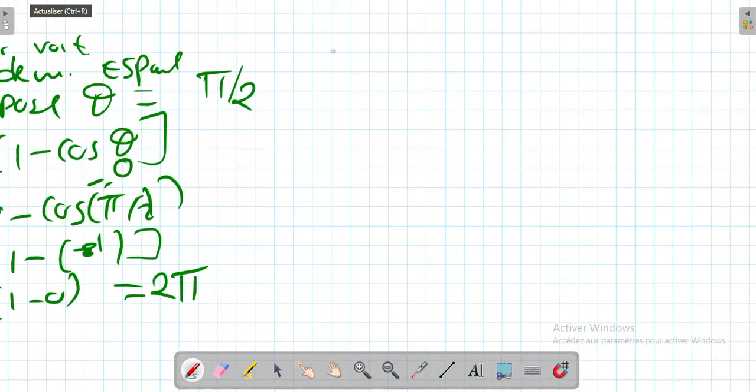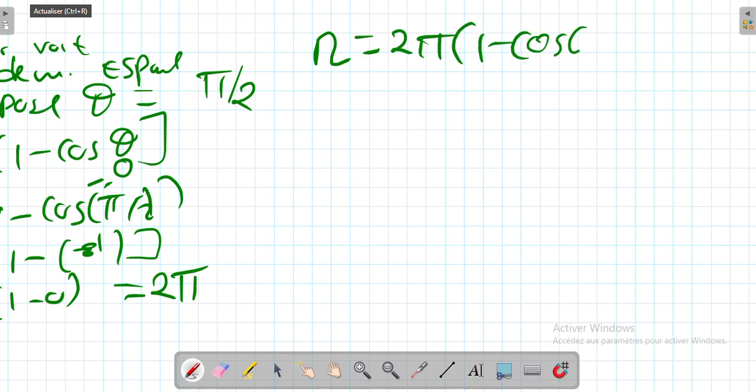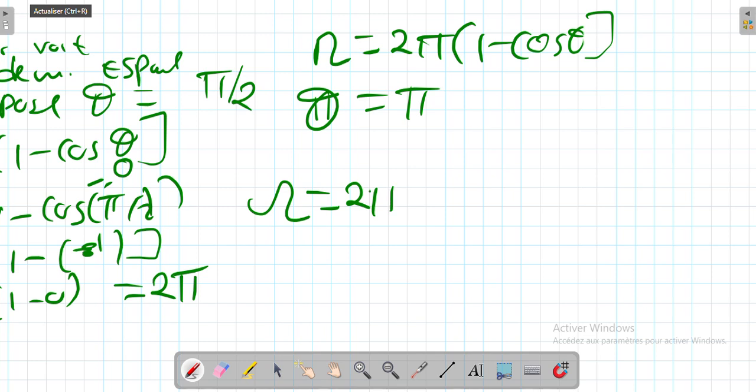So our expression of omega was 2 pi (1 minus cos theta). The next question is, what is the solid angle at which we see the entire surface? Very simple. This time you say theta is equal to pi. So the solid angle is equal to 2 pi (1 minus cos pi).